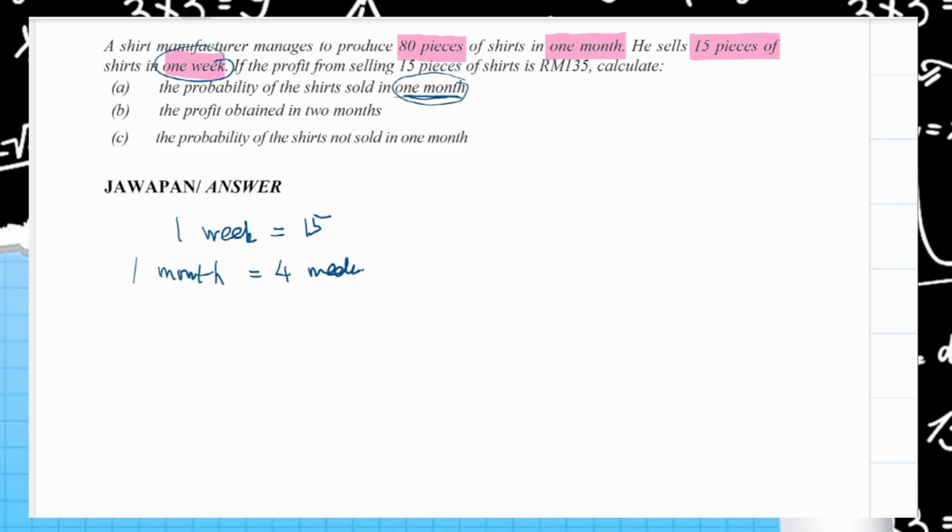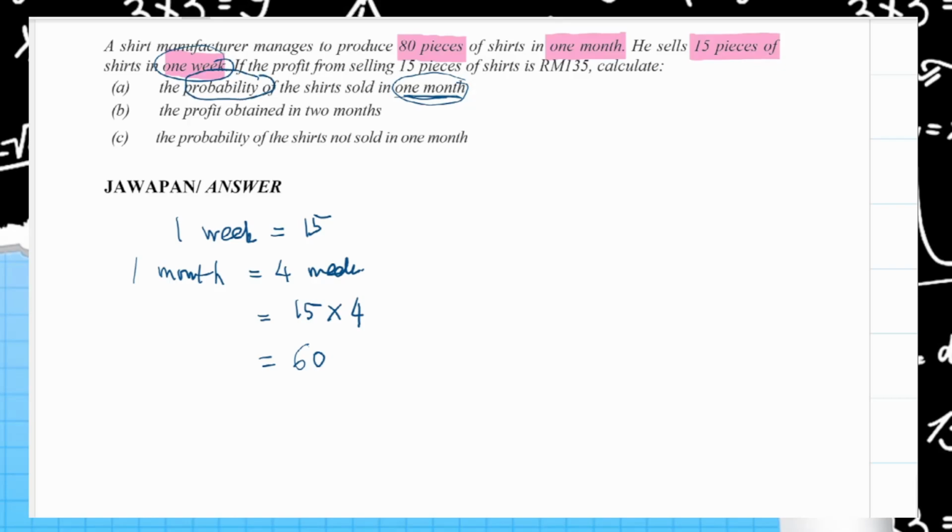So our event equal to 15 times 4. Okay. So you will get 60.